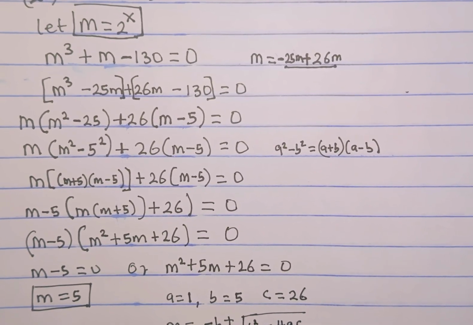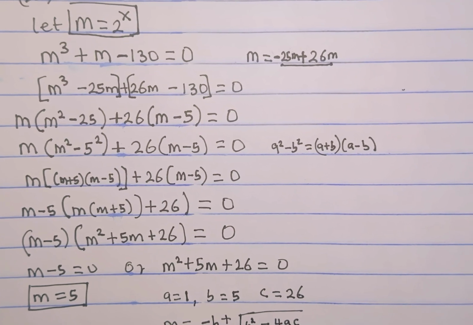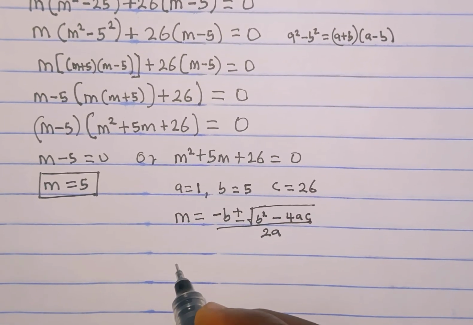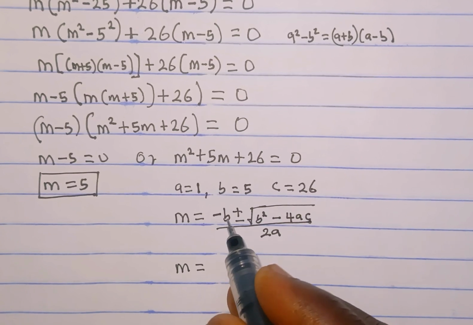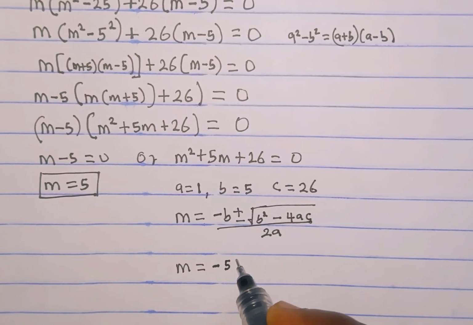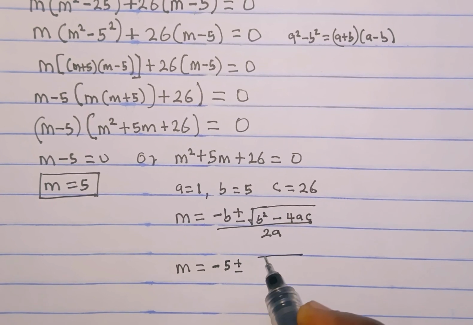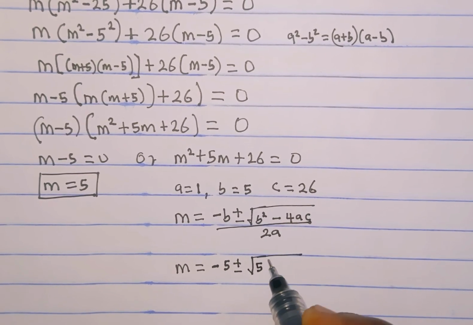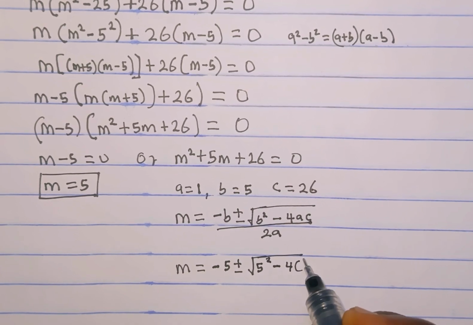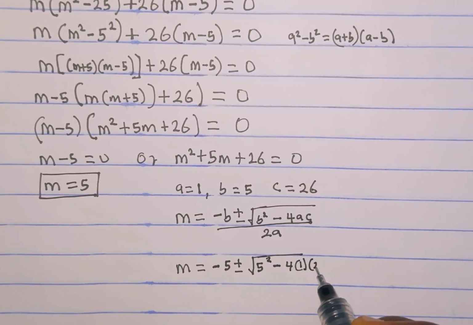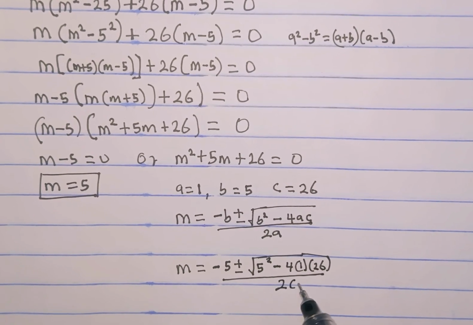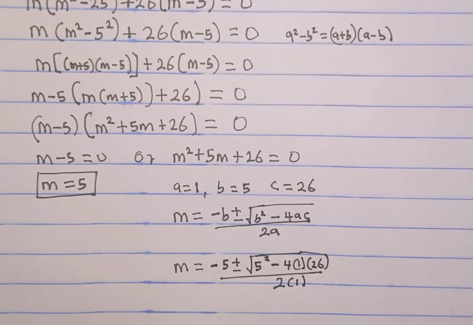So therefore, to substitute all our data into this formula, we are going to have m now will be equal to minus b, which is minus 5, plus or minus square root of b square, which is 5 square, minus 4 into a, and a is 1, then multiplied by 26, which is c, then everything all over 2 multiplied by a, and a is 1.